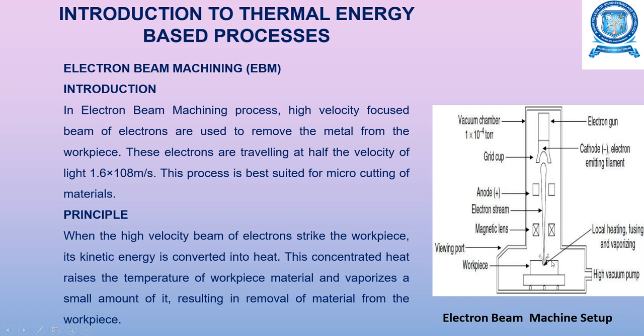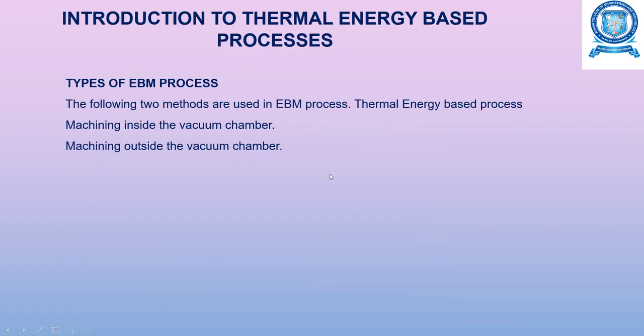Here you can see the electron beam machine setup. The electron beam process has two types: machining inside the vacuum chamber and machining outside the vacuum chamber.